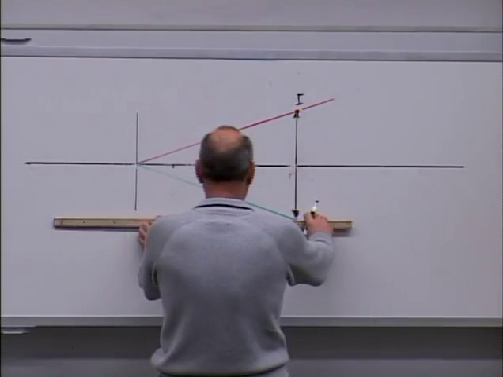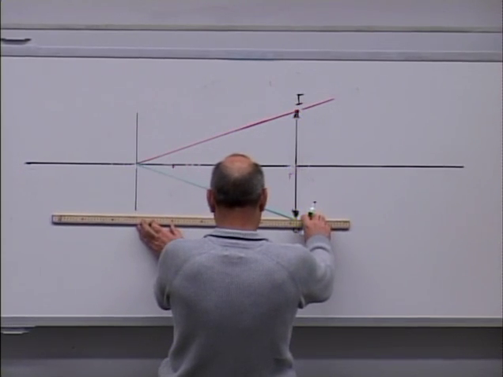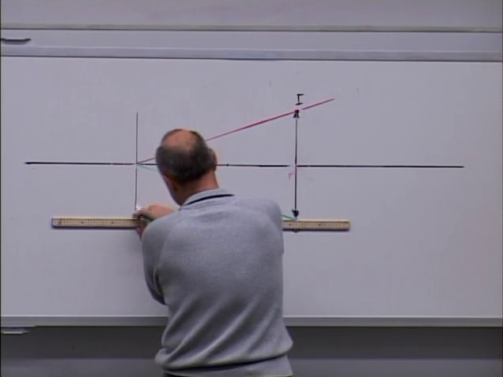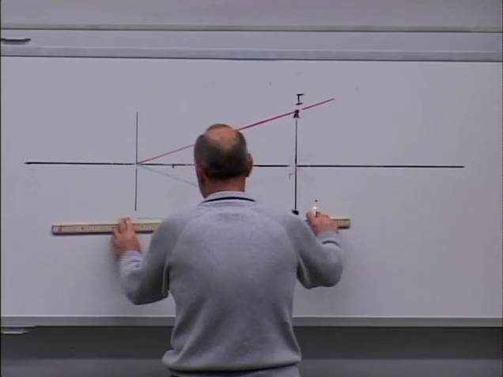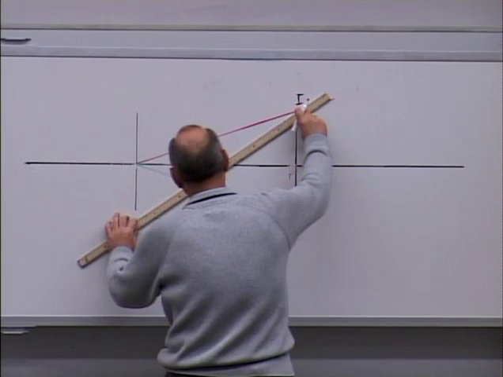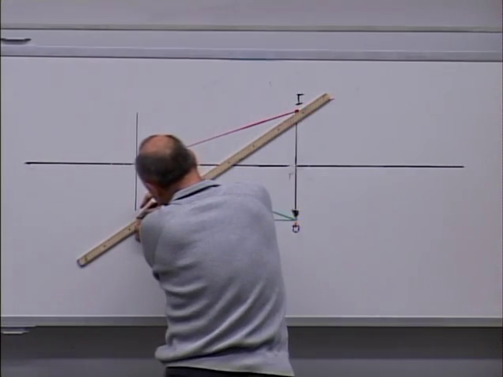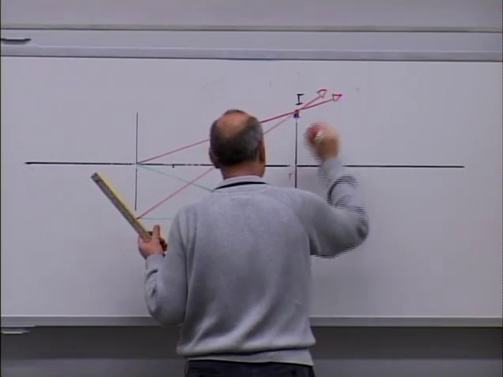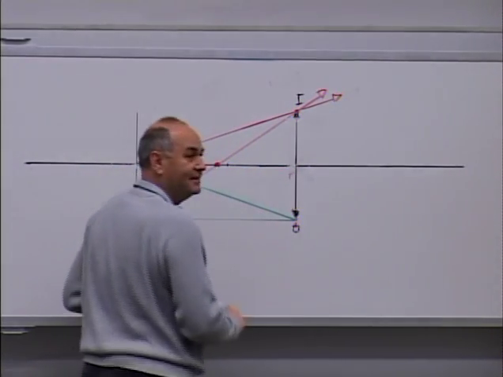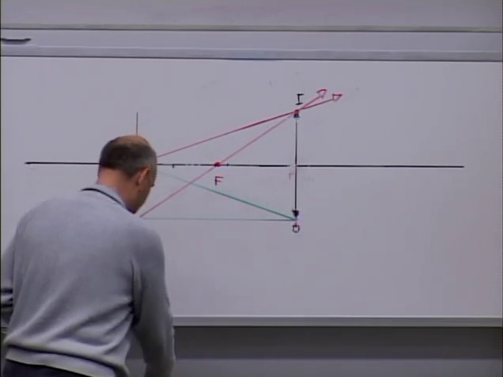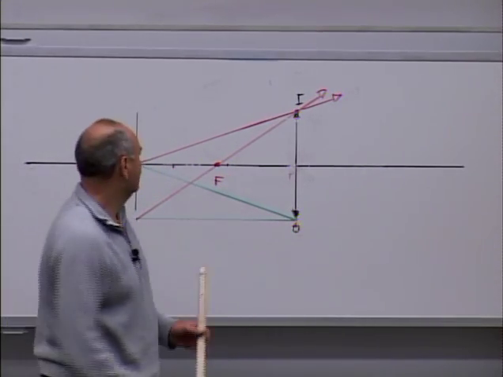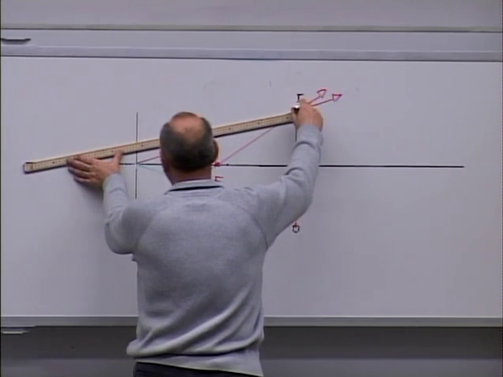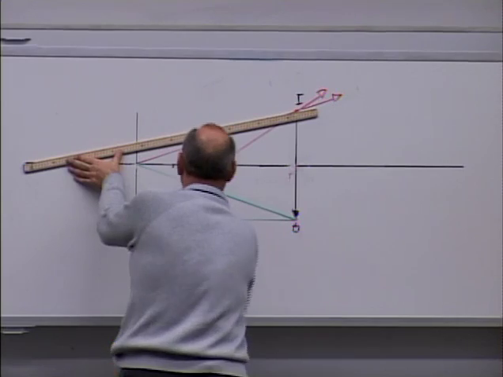Now I'll take a parallel ray, object parallel ray, hits the mirror here, should be reflected toward the image. Focal point is here. However, I could do it that way. How about if I do it with black?